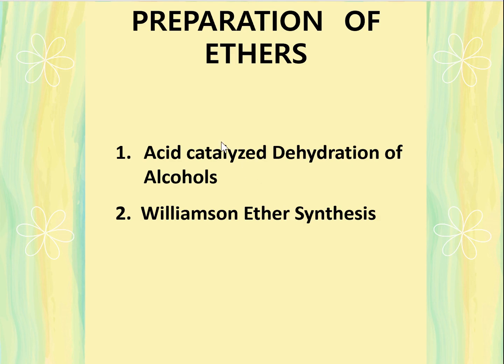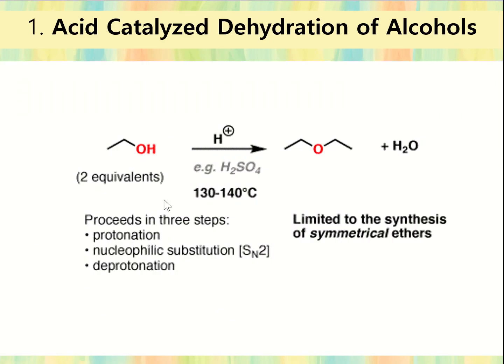Well, firstly, acid catalyzed dehydration of alcohols, or Williamson ether synthesis. So for the acid catalyzed dehydration of alcohols, the alcohol in the presence of acid can give you an ether.